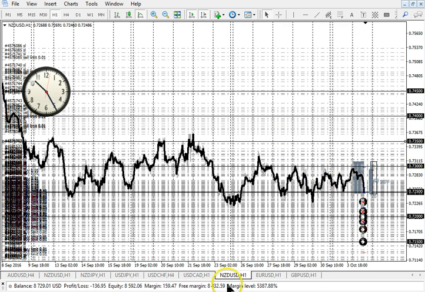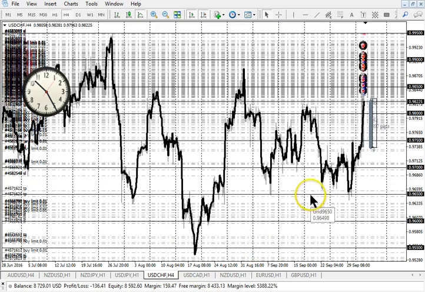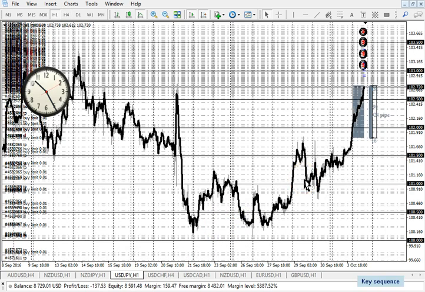So this is the strategy: sell this dollar all day long and sell this yen all day long. Real heavy up in there, just for the retracement back down.